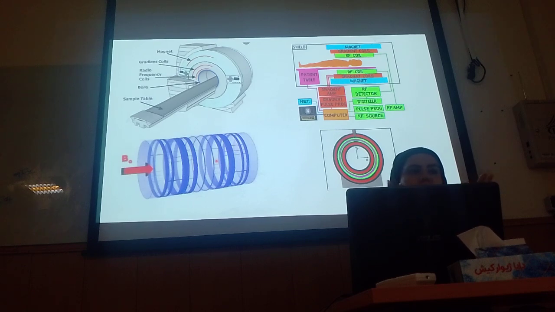In a typical clinical MR machine, the direction of V0 is designated as the Z direction.